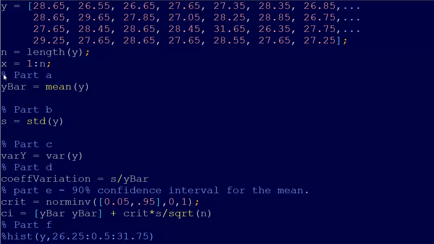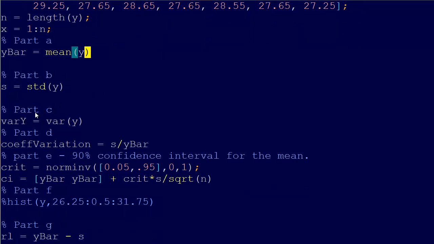So anyway, let's get to the first part of the question, which asks: find the mean. This is actually pretty easy. I'm calling the mean y bar, and that's equal to mean(y). This is the function that you use in MATLAB, and that's all there is to it.